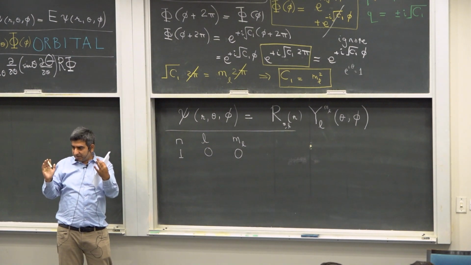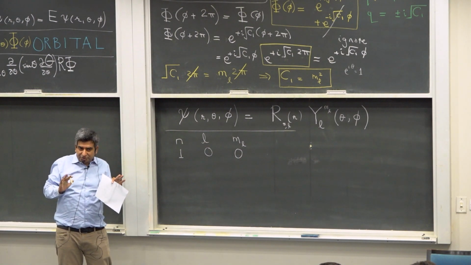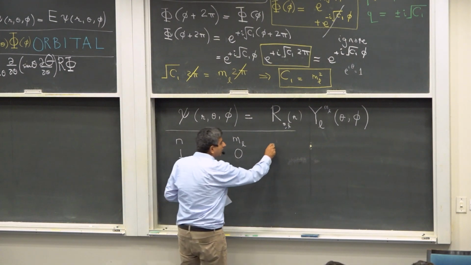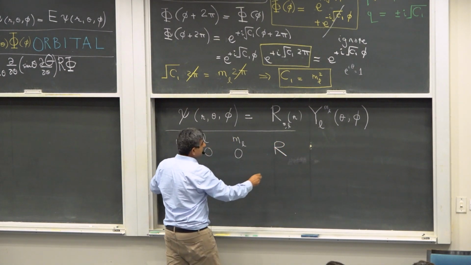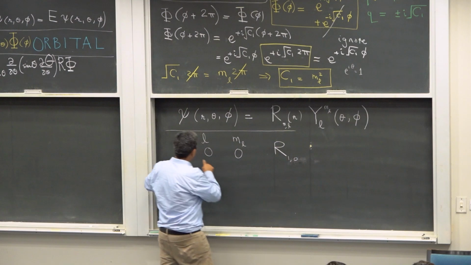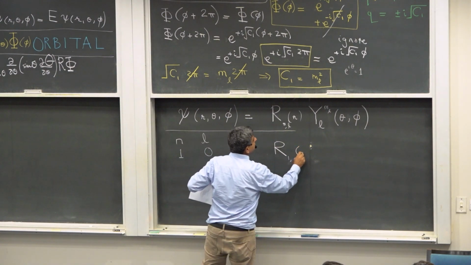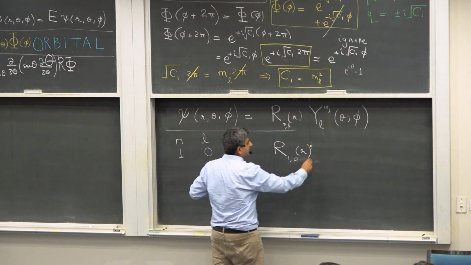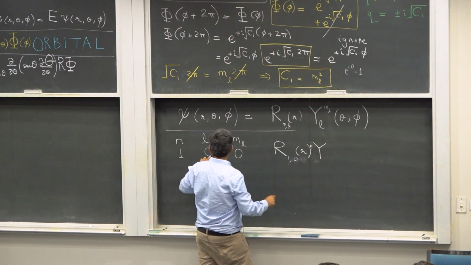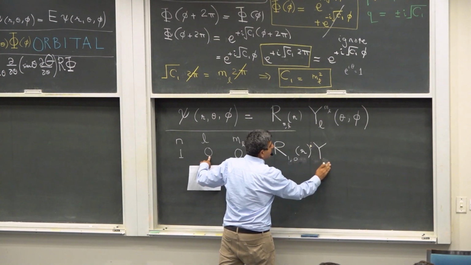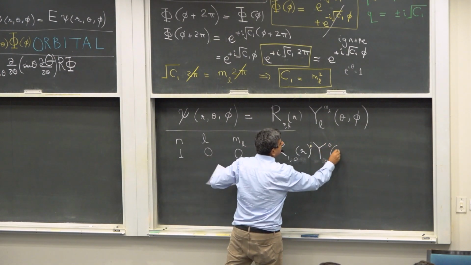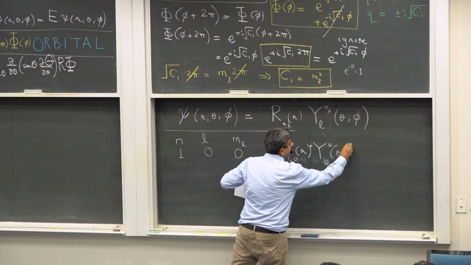So for this trio of quantum numbers, my wave function is going to be R, N, L, 1, 0, function of R multiplied by spherical harmonic. L is 0, 0, theta, phi.